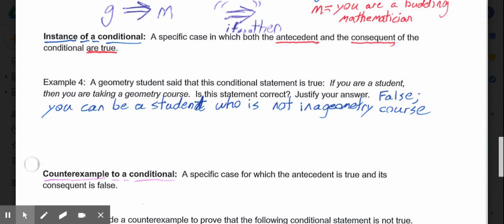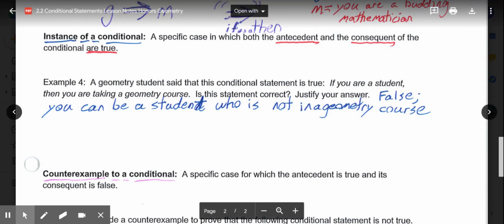So example 4 says a geometry student said that this conditional statement is true. If you are a student, then you are taking a geometry course. Is this statement correct? Justify your answer. So in this case, we're just seeing if both the antecedent and consequent are true.